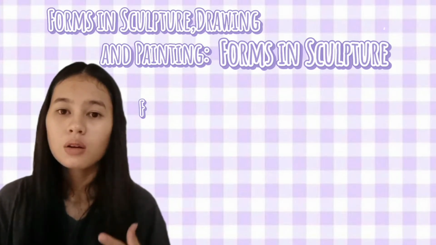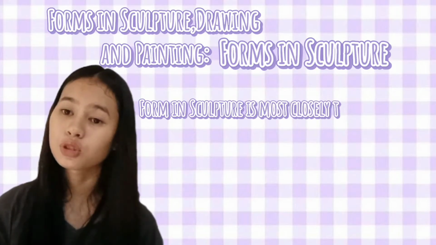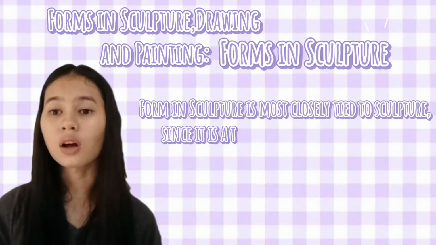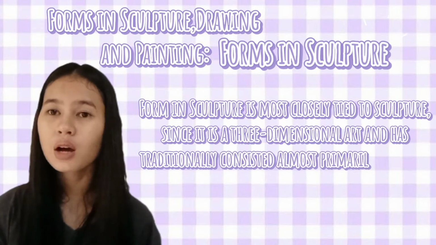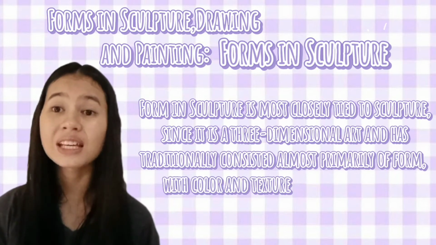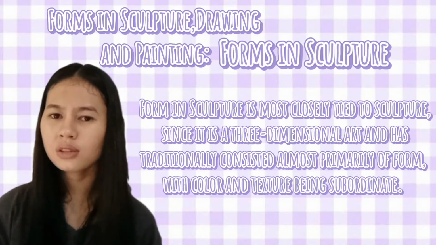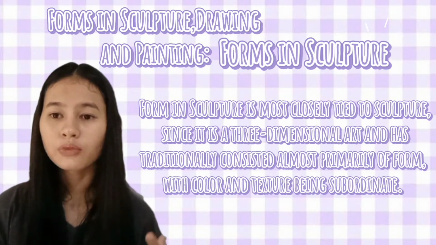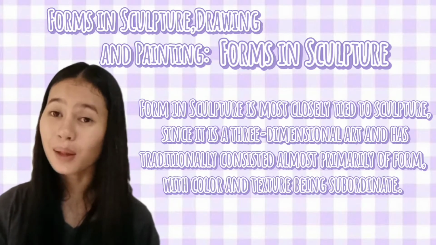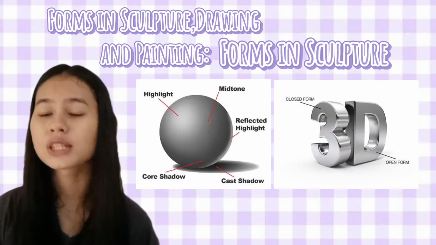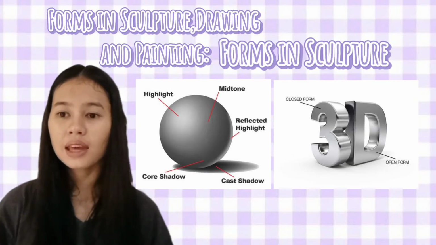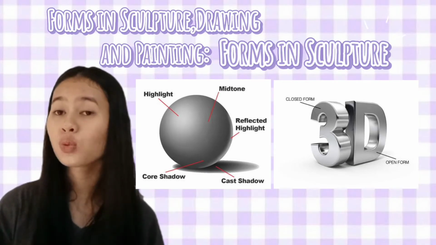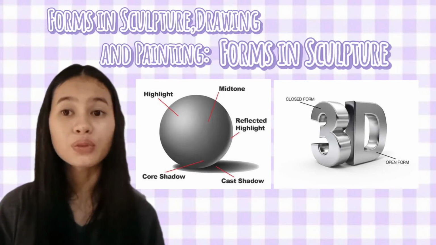Form is most closely tied to sculpture, since it is a three-dimensional art and has traditionally consisted almost primarily of form, with colors and textures being subordinate. Traditionally, forms could be viewed from all sides, as in sculpture. Form in sculpture is considered the closest representation of form because it looks like form as an element of visual arts being put into reality.